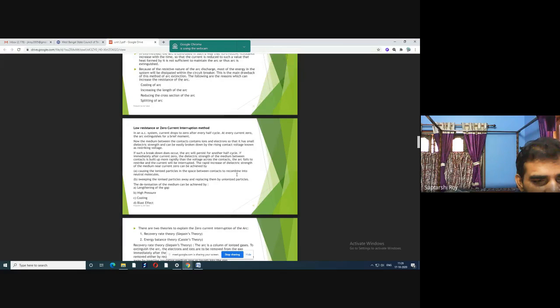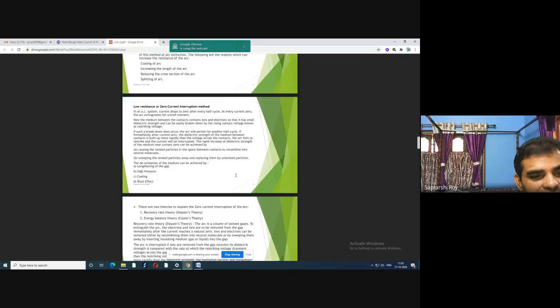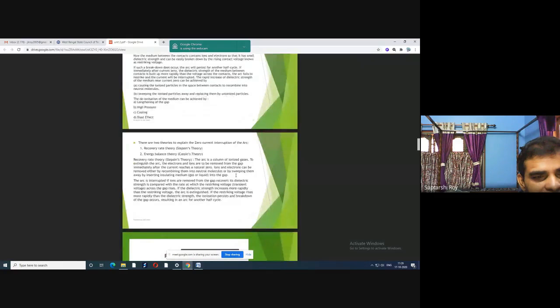The de-ionization of the medium can be achieved in four ways: lengthening of the gap, if the gap length is increased; then high pressure; then cooling; and blast effect. So there are two theories to explain zero current interruption of the arc.